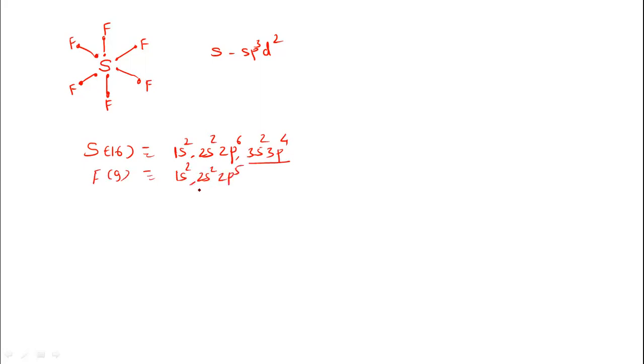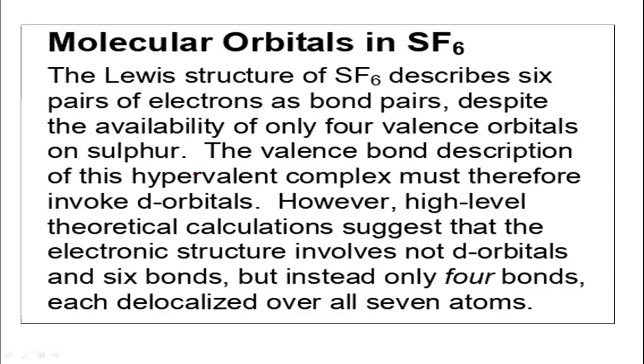So there are 7 valence electrons in the valence shell of the fluorine atom. This is the distribution of the electrons in the sulfur atom and fluorine atom. The Lewis structure of SF6 describes 6 pairs of electrons forming the bond pairs.